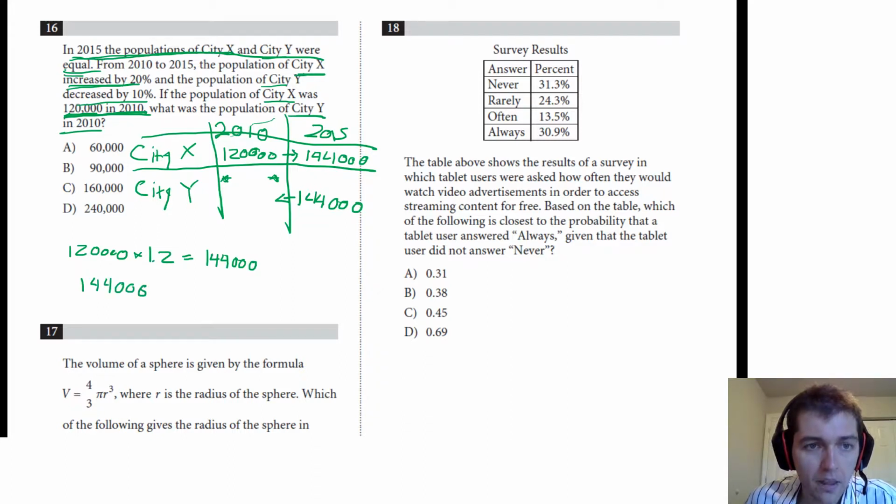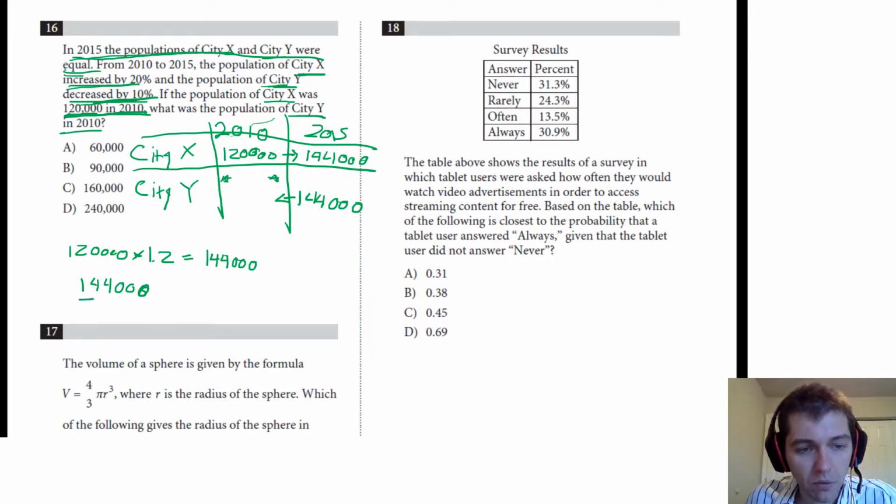So you start with 144,000, and it says from 2010 to 2015, the population of city Y decreased by 10%. So if you're starting from the end and it's a decrease of 10%, before we were going forwards, you could multiply by that 1.2. We're going backwards now.